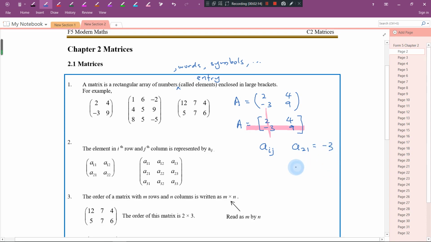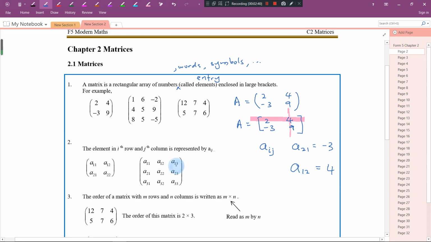Let's try another one, a12. It means first row, second column, which is 4. So this is the way we tell people which element we are talking about.